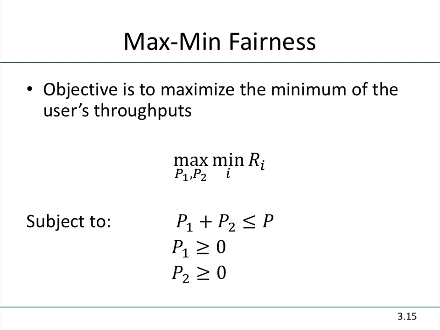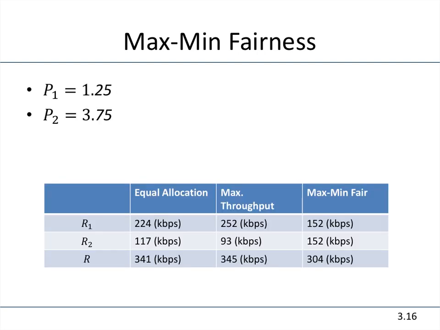Okay? So for maximum fairness, by the way, we use different solvers. We use different techniques. Lagrangian and that stuff will not really help. So we use different optimization techniques. Fortunately or unfortunately, we don't have to get to the details of this.